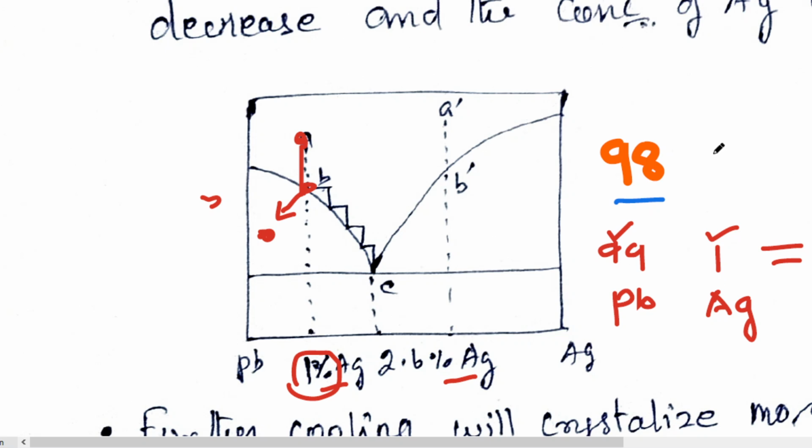Now silver is not precipitated and therefore it will be 1 gram. Now the total becomes only 99 gram. Since 1 gram of lead is becoming solid, in the liquid melt the total now will be 99.